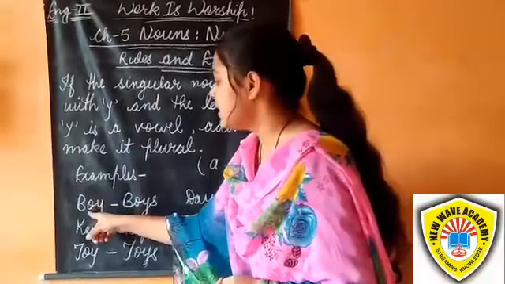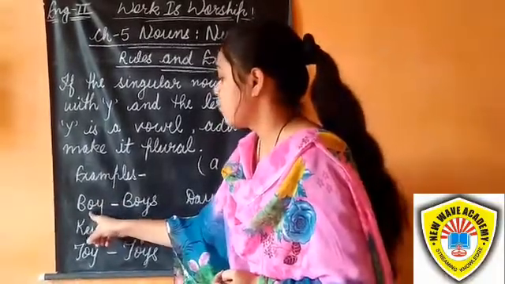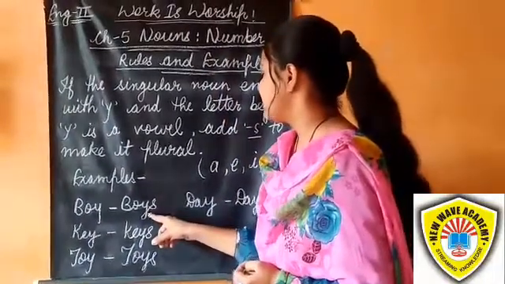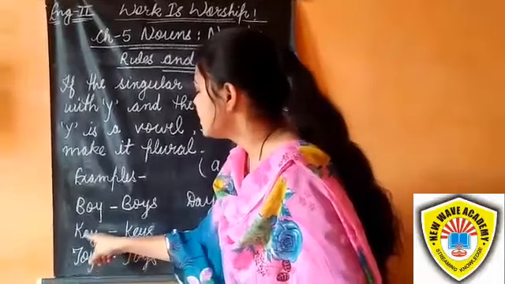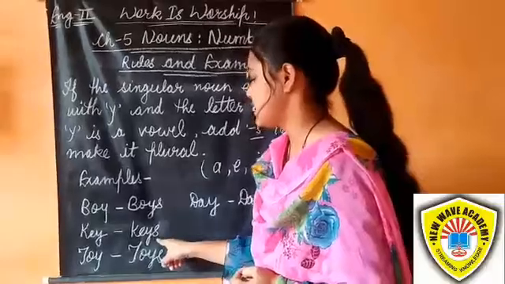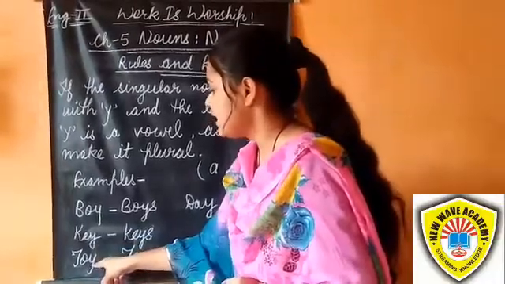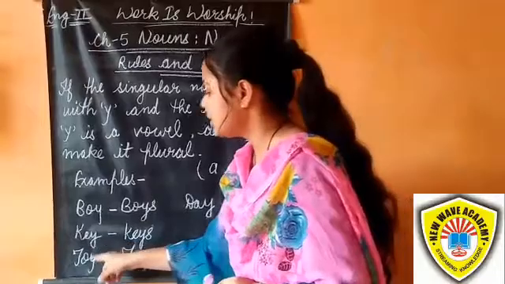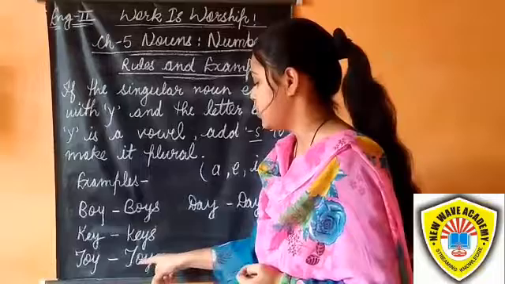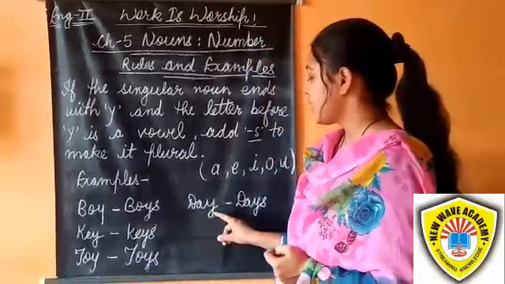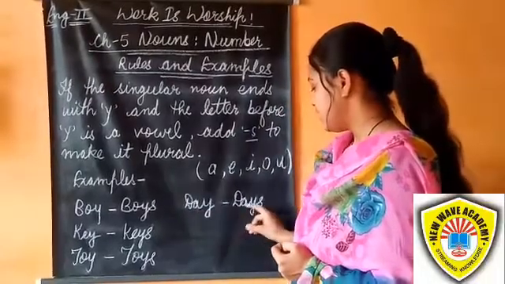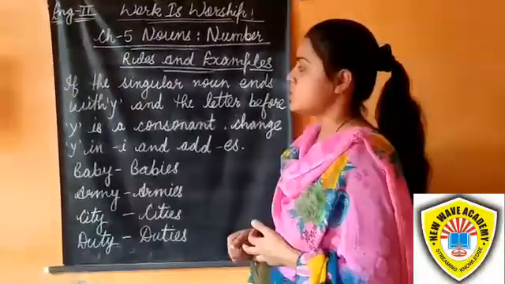Here the letter before the y is a vowel, so we will add only s. Keys. Toy. Here the letter before the y is a vowel, so we will add only s. Toys. Day. Here the letter before y is a vowel, so we will add only s. Days.